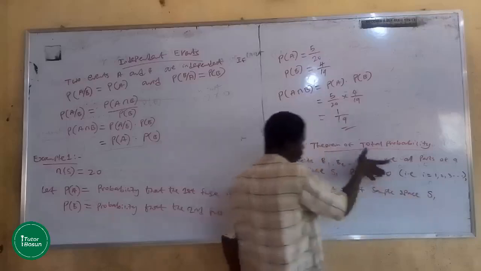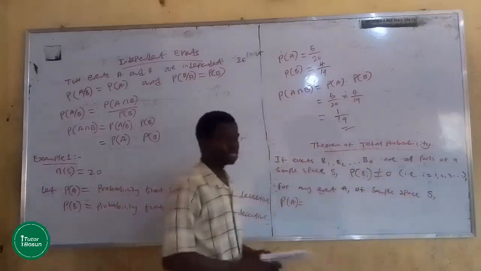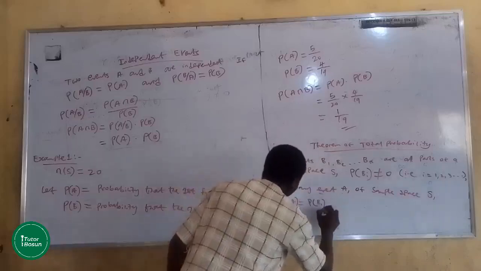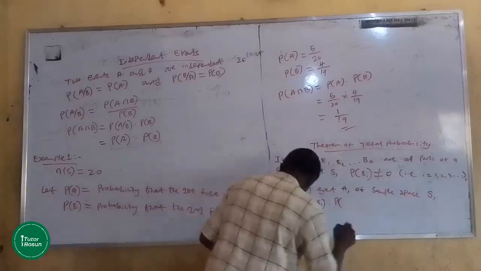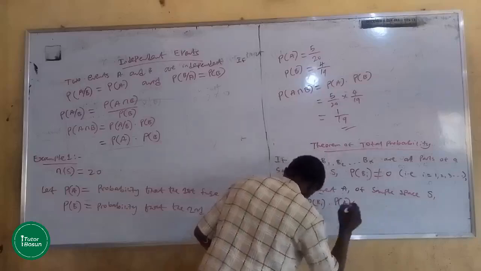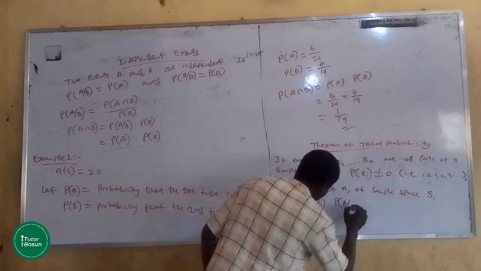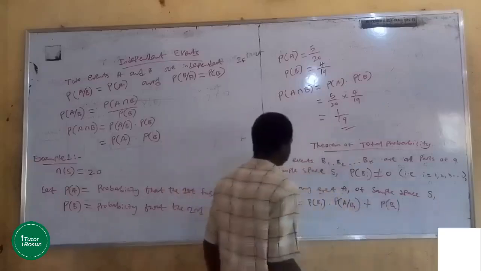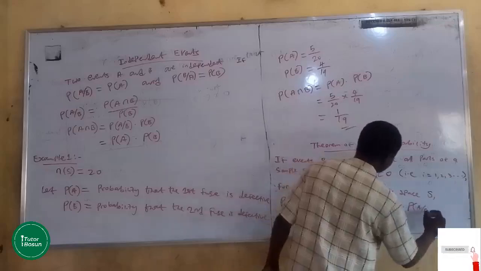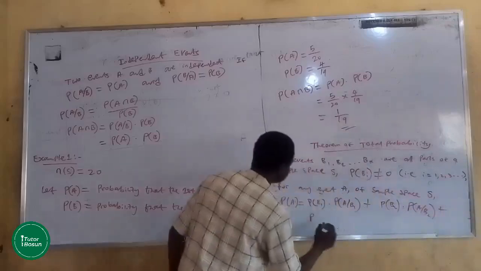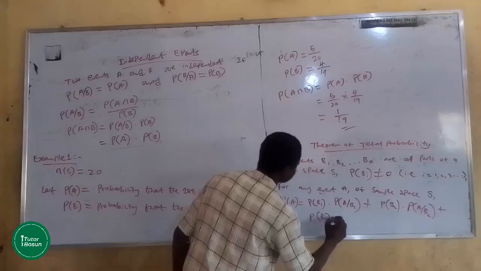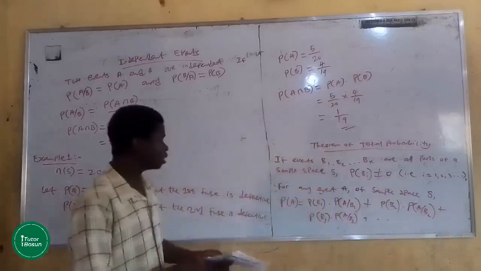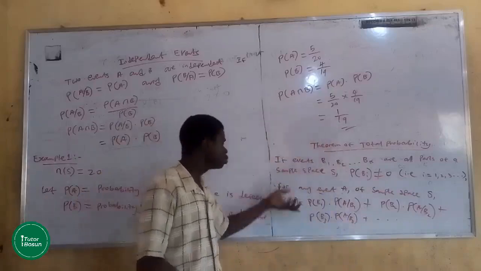A belongs to sample space S, and B1, B2, B3, and so on also belong to sample space S. So the total probability of A will be given as the probability of B1 multiplied by the probability of A given B1, plus the probability of B2 multiplied by the probability of A given B2, plus the probability of B3 multiplied by the probability of A given B3, and so on.